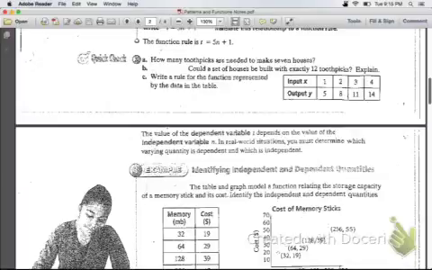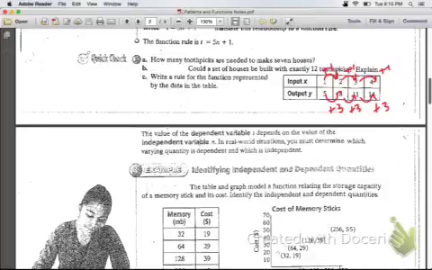So writing a rule for the function, we would have this going up by 1. This is changing by a positive 3. Okay. But when I look at the first one, I'm not multiplying by 3.